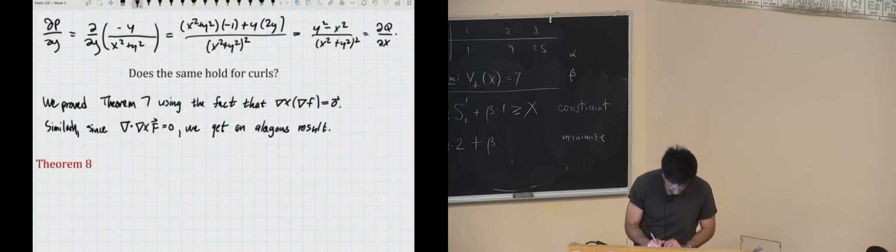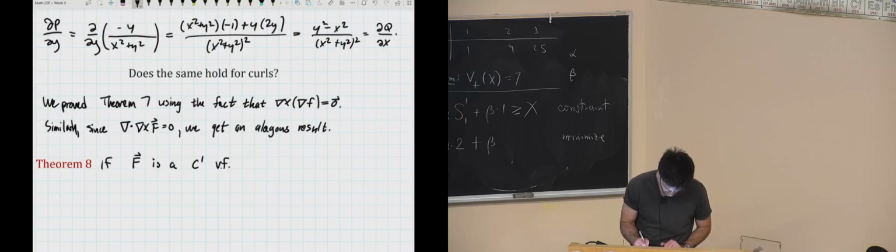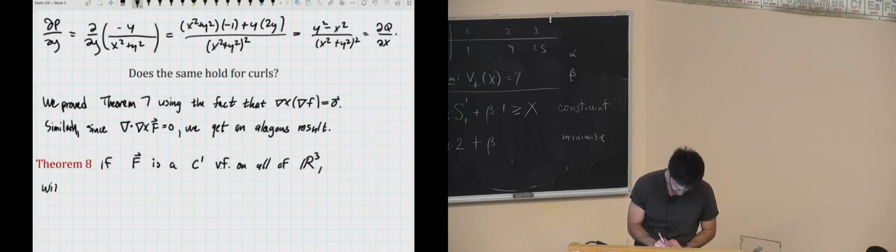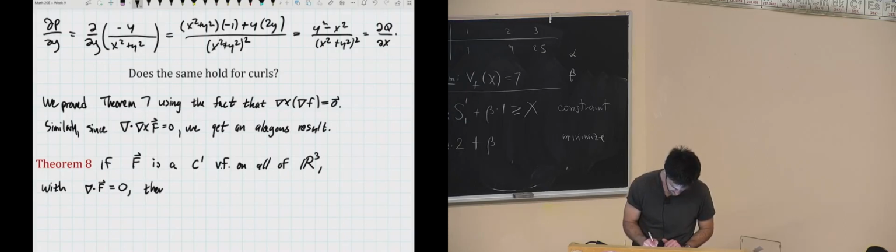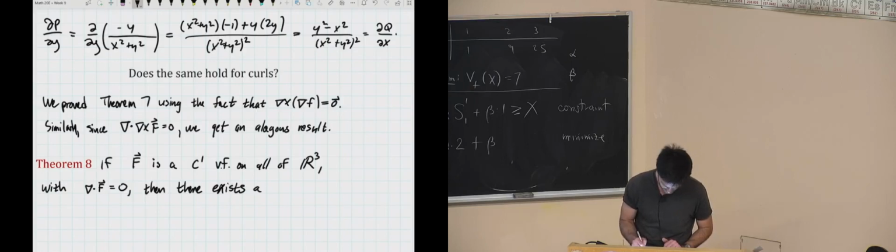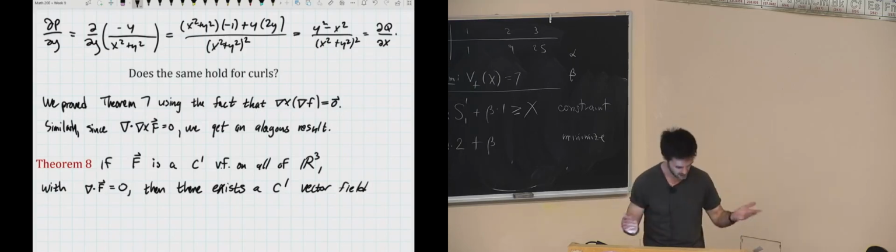So the theorem is that if vector field F is a C1 vector field on all of R3, with its divergence being zero, then there exists another C1 vector field G that F is the curl of.